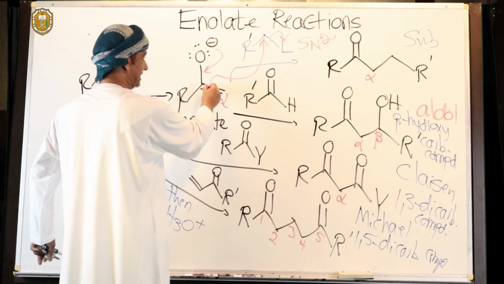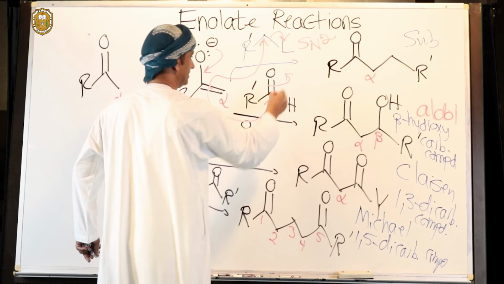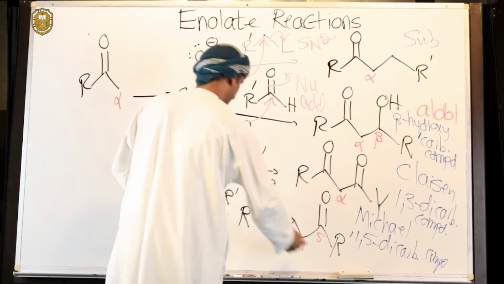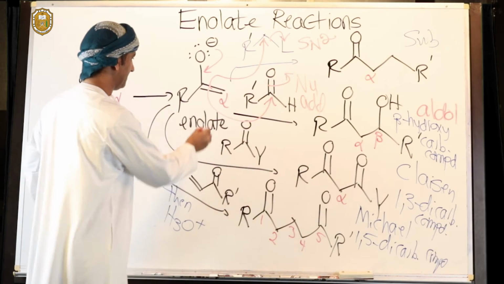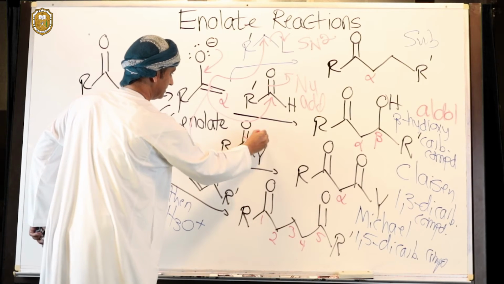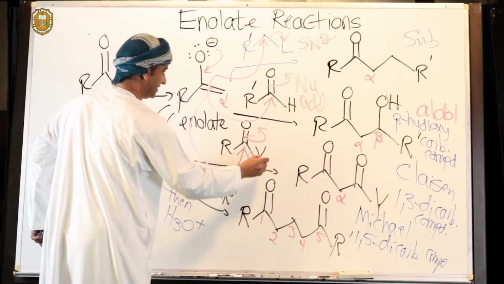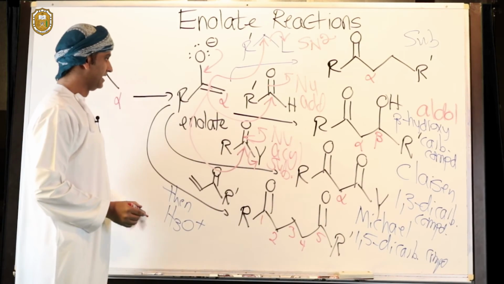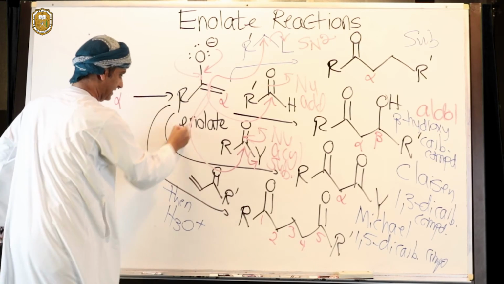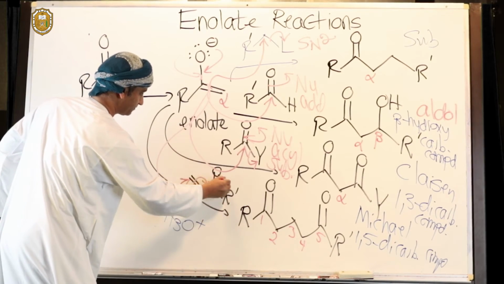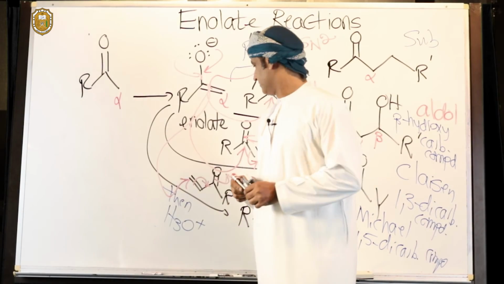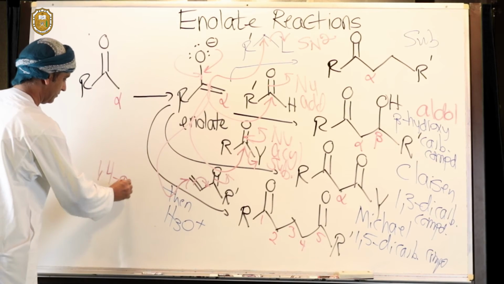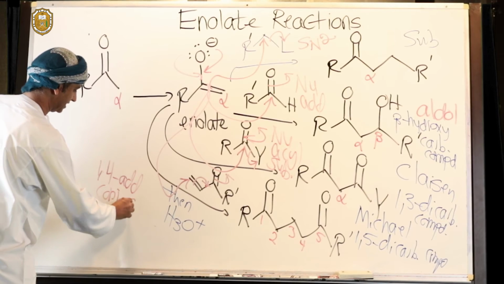If the enolate attacks an aldehyde or a ketone, the reaction is a nucleophilic addition reaction. If the enolate attacks a carboxylic acid derivative, the reaction is a nucleophilic acyl substitution reaction. If the enolate attacks an alpha beta unsaturated carbonyl compound, the reaction type is 1,4 addition, as we learned before, or conjugate addition.